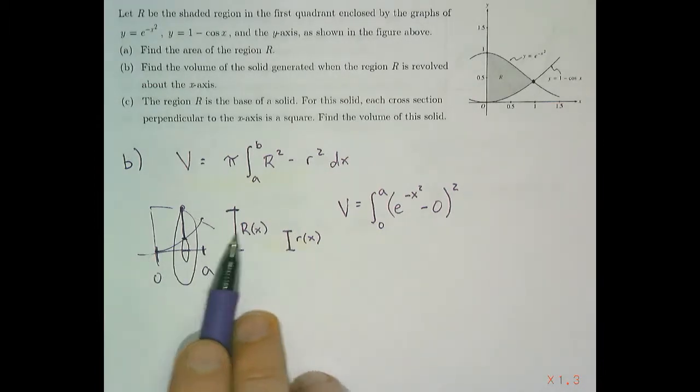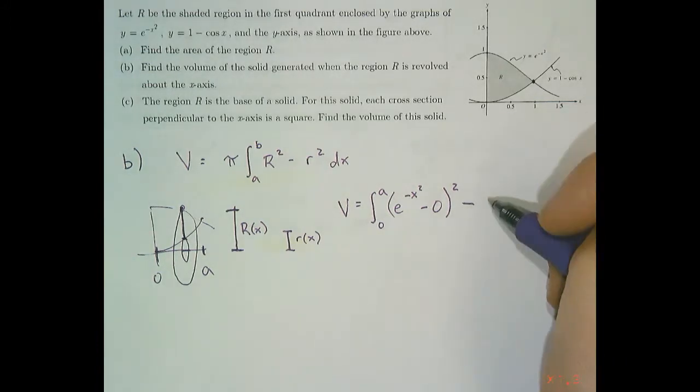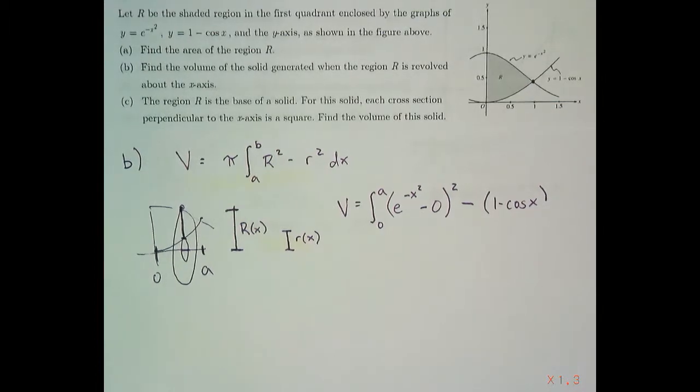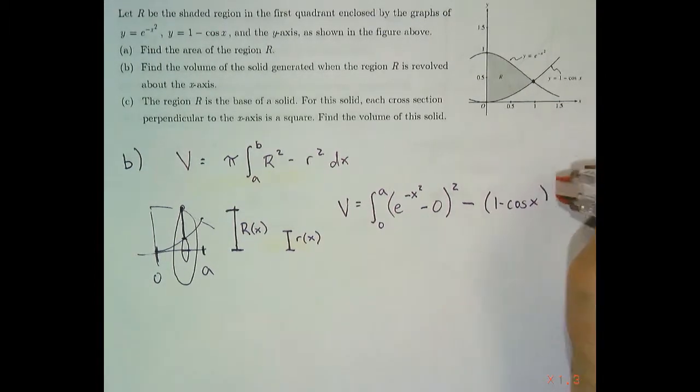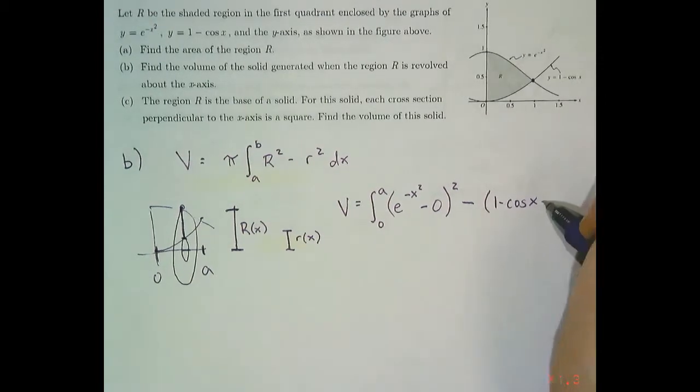And our little radius is the bottom curve minus the rotation line. So our little radius is going to be 1 minus cosine of x. Let's subtract 0 from that, just to be consistent. Subtract 0.